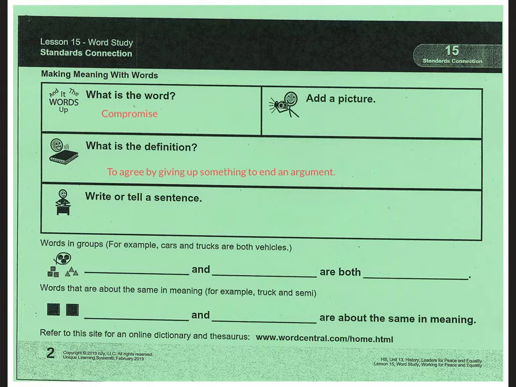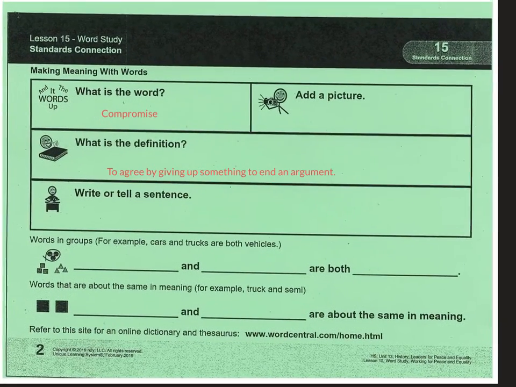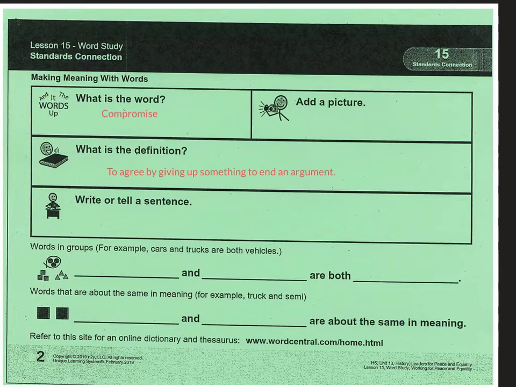So let's do our examples of compromise first. Oftentimes teenagers and parents compromise on a curfew. A curfew is the time that you are supposed to be home in the evening.